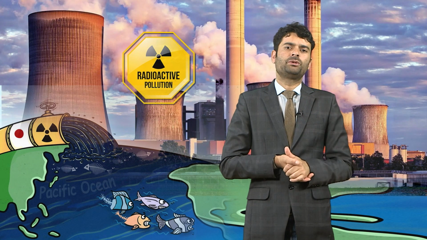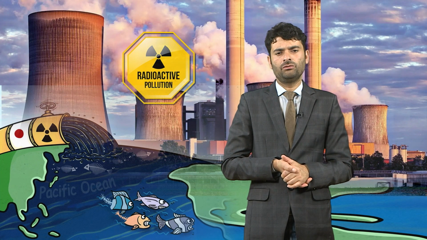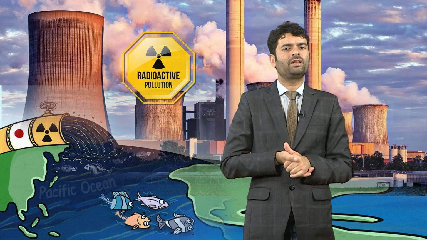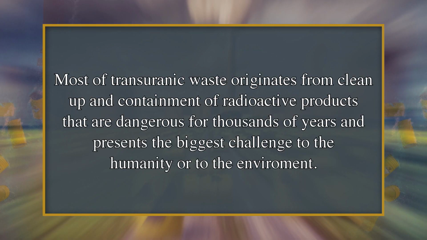Nuclear weapons produce nuclear waste, which is also called transuranic waste. Most of this waste originates from cleanup and contaminants of radioactive products that are dangerous for thousands of years and present the biggest challenge to humanity and to the environment.